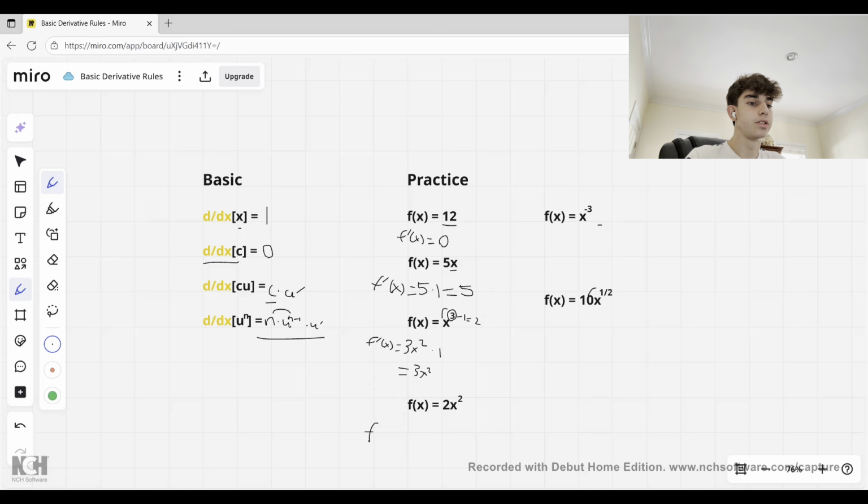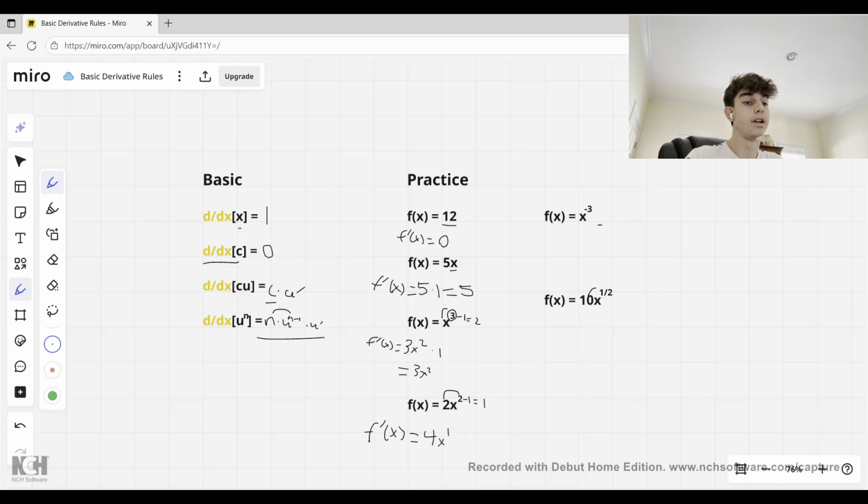So if you want to look at this last practice problem at the bottom, don't forget your notation. Here, you're going to take that exponent, again, you're going to move it down, but you already have a coefficient. So you're just going to multiply that exponent with the coefficient, which is going to be 4, and you're going to keep your u. And again, you're just going to subtract that 2, which is your n, by 1 to equal 1.